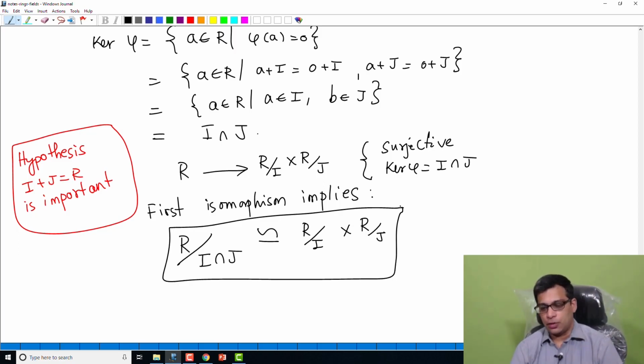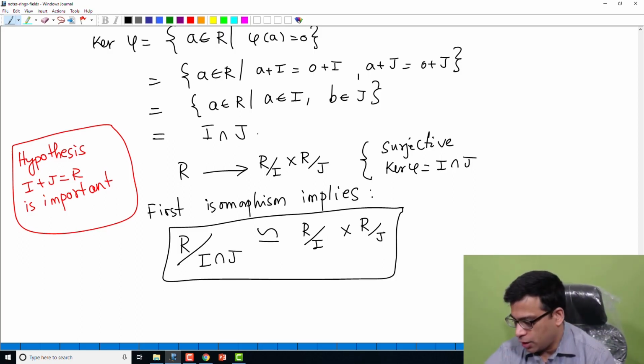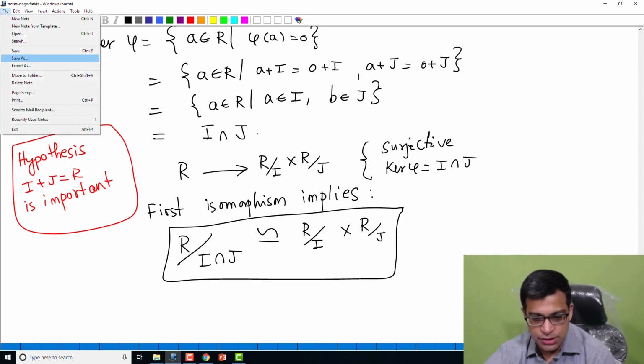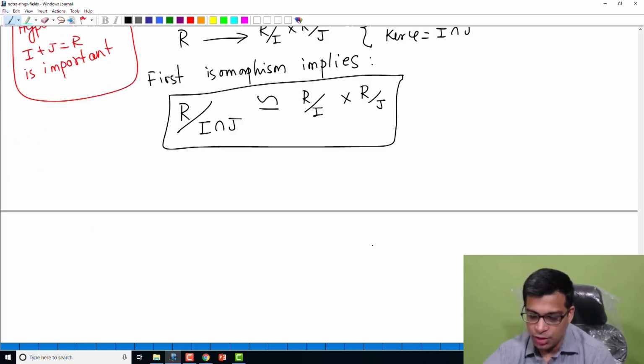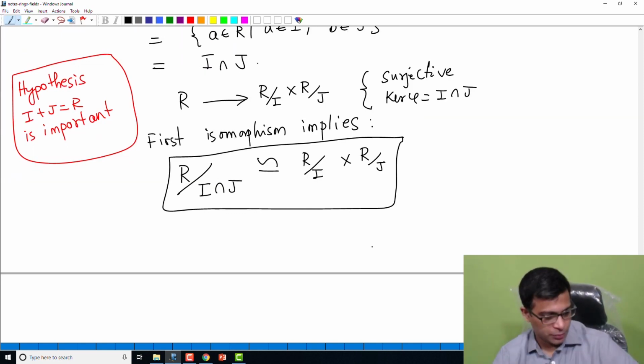If I plus J is equal to R, the quotient ring R mod I intersection J is just the product ring R mod I cross R mod J. So this is the conclusion of the Chinese remainder theorem in some sense.